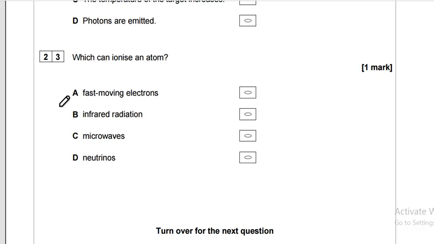Okay, we can't choose infrared because its energy is too weak to ionize the atom, and certainly not the microwave.